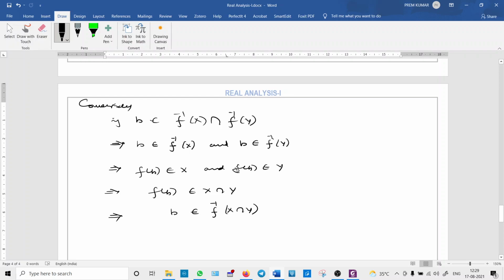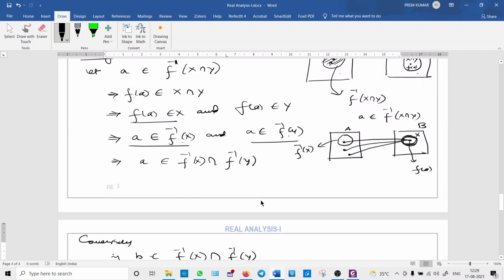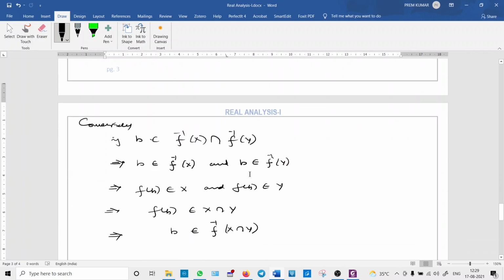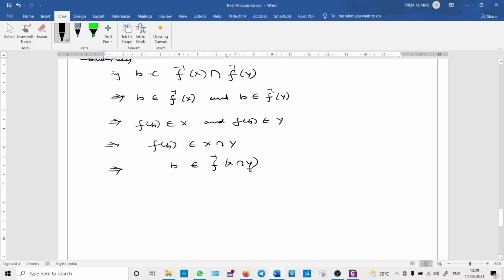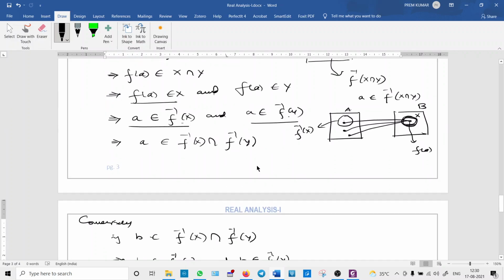So what we have proved is, we took one element from this set and finally we proved that it belongs to the same set. Therefore, f inverse of X intersection f inverse of Y is a subset of f inverse of X intersection Y. This is the second part. So from 1 and 2, therefore, here I forgot to write this step.